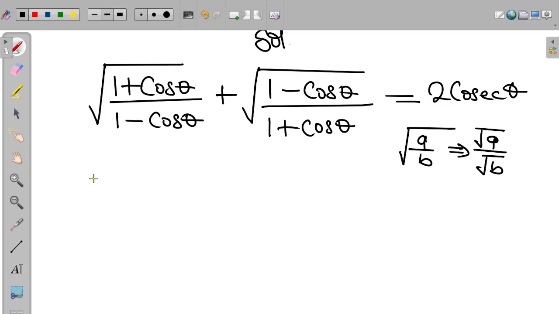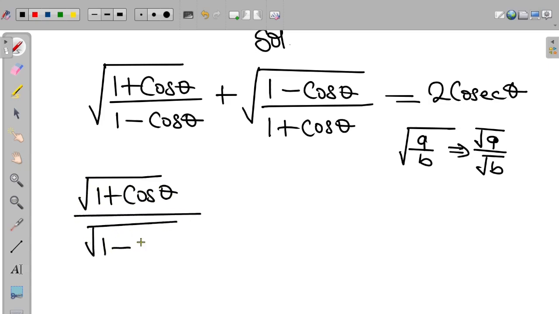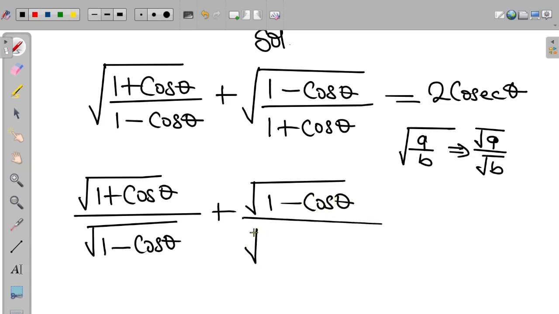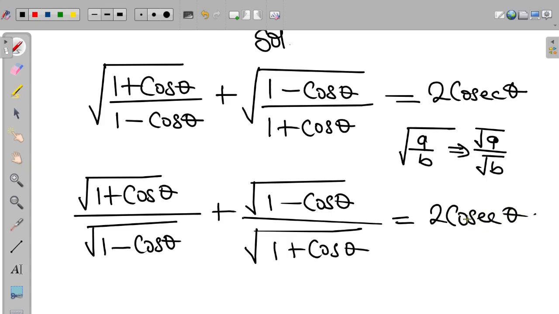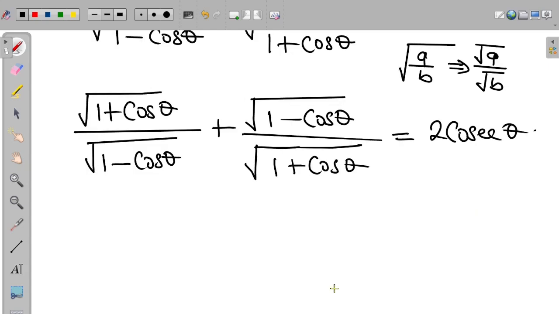Thus, I will have this become root of 1 plus cos theta divided by root of 1 minus cos theta plus root of 1 minus cos theta divided by root of 1 plus cos theta, equal to 2 cosec theta. Now, looking at the left-hand side, we can take the LCM.